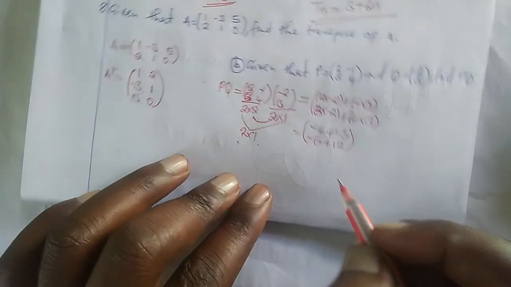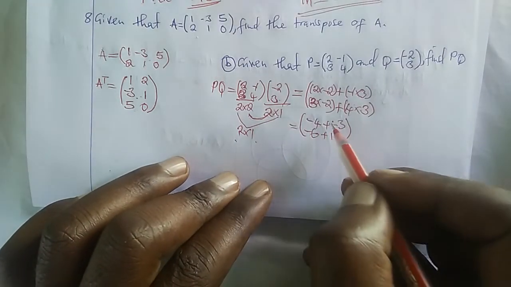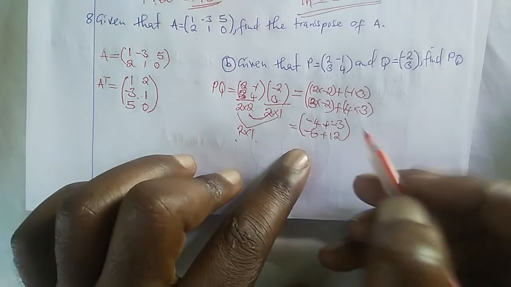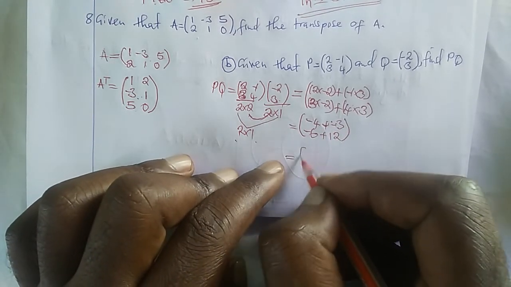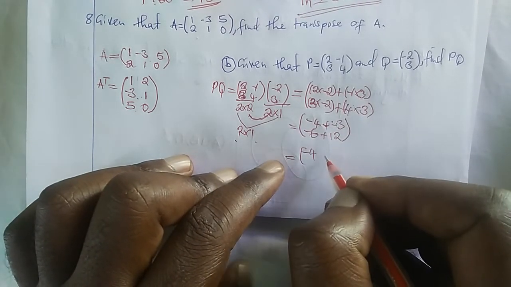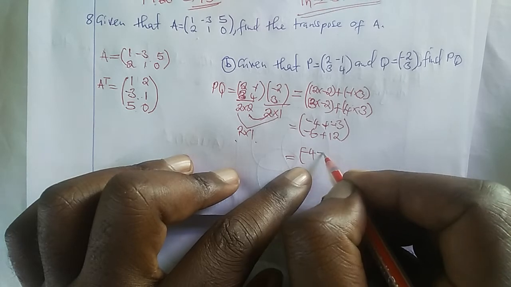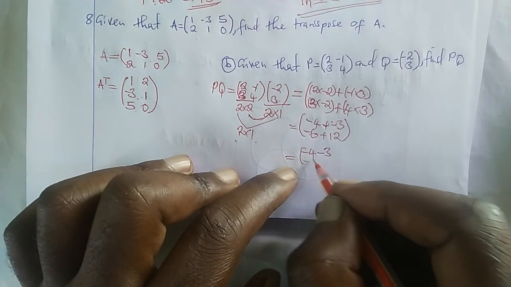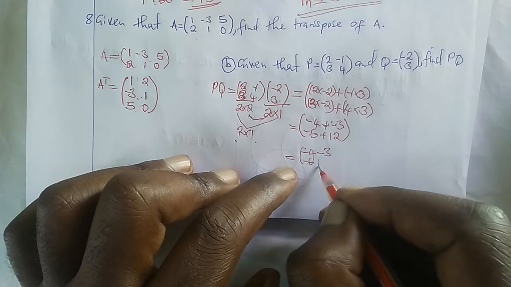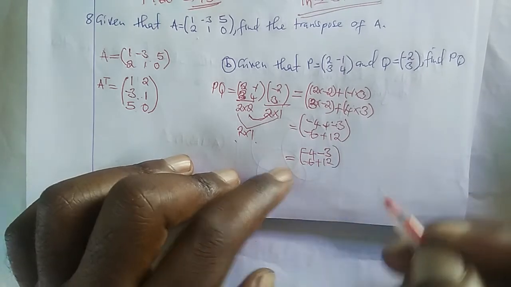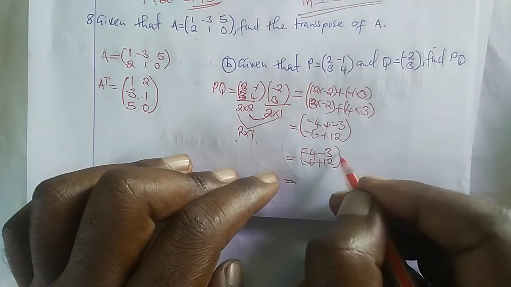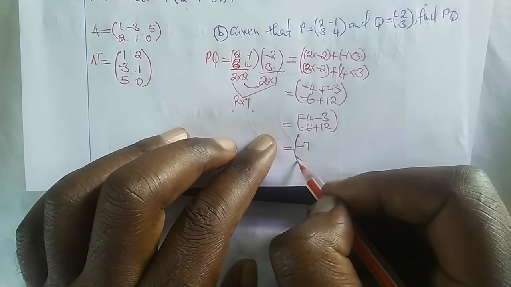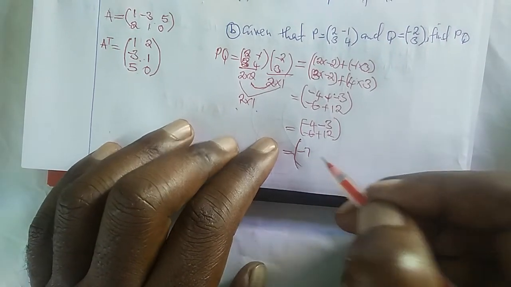Now we can evaluate this. A negative and a positive, when they are following each other, we have negative 4, then minus 3, and this one will be negative 6, plus 12. Then that will give us negative 7.